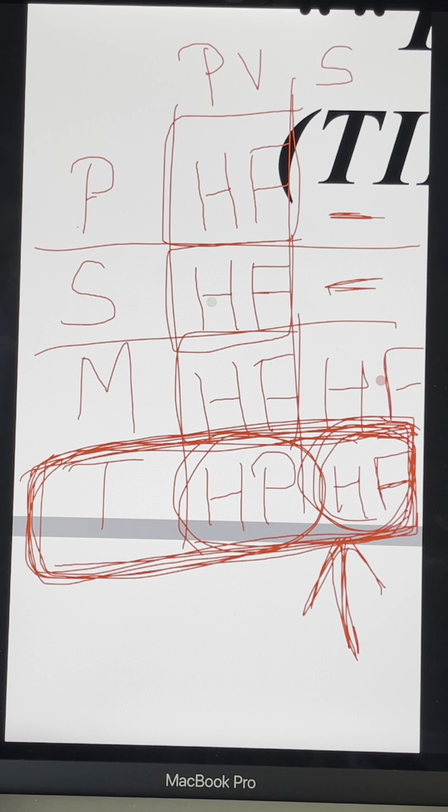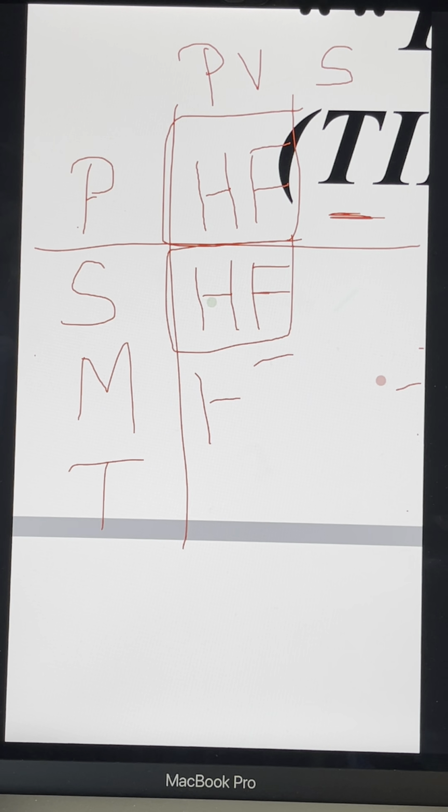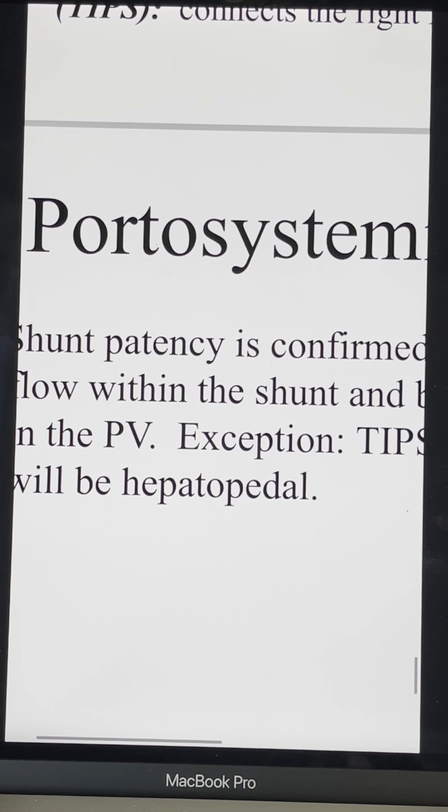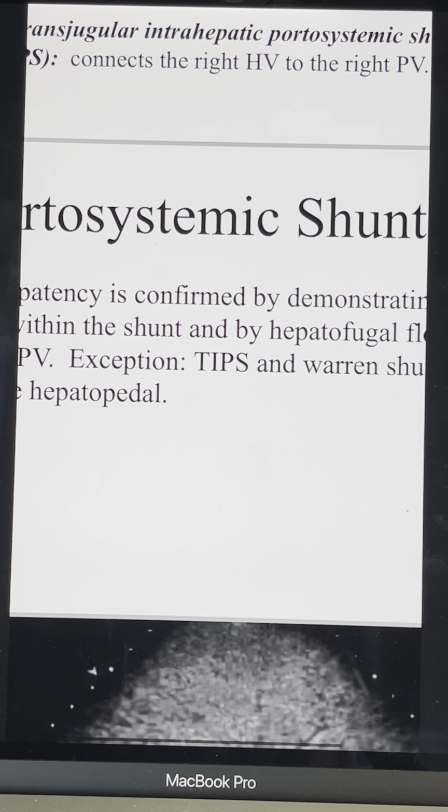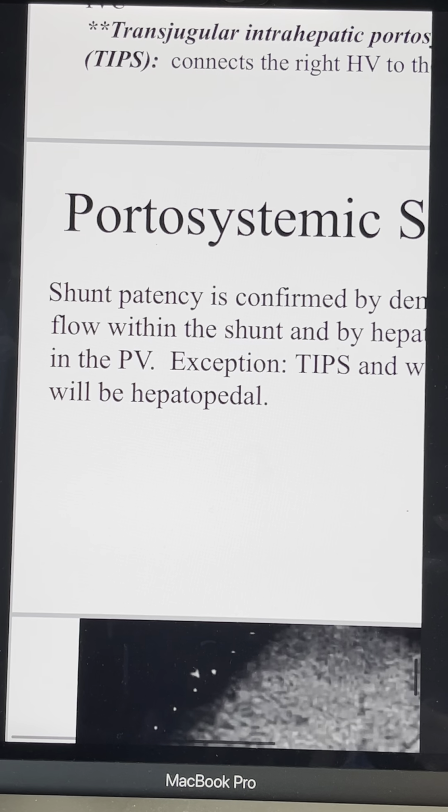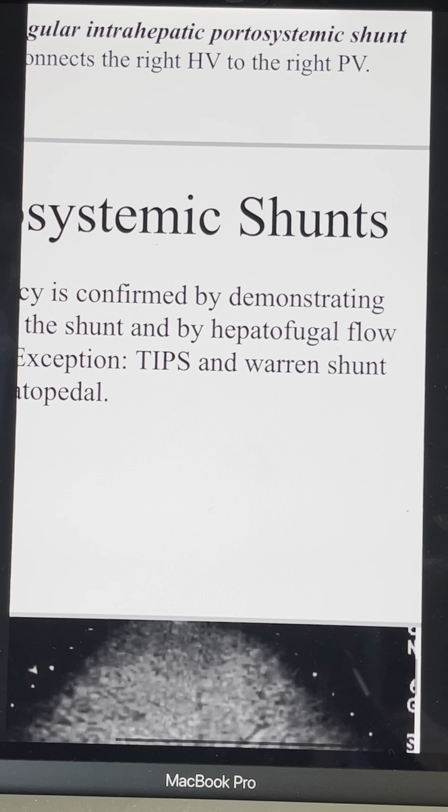First of all, did you all take these notes? Yes. Okay, let me go to that slide. Exception: TIPS and Warren shunt will be hepatopedal. Yes, please cross this out.